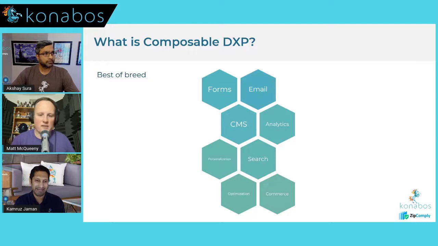We know CMSs, right? Analytics is Google Analytics, but there's always providers coming out with that. Commerce. Do you see more business being created because of this composable framework and the Jamstack approach, because of the best of breed competition?